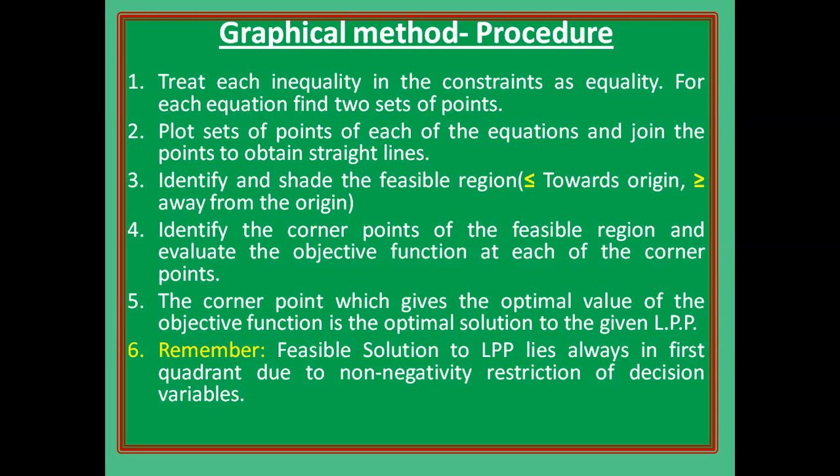In order to shade that, if the inequality is given as less than or equal to, from that straight line we go towards the origin for shading, and if it is greater than or equal to, we consider the area away from the origin as the feasible region. This fact is also already known to you. Somehow I am stressing upon it once again.